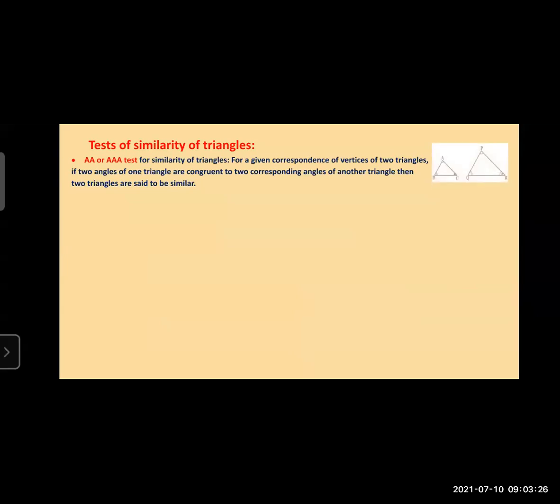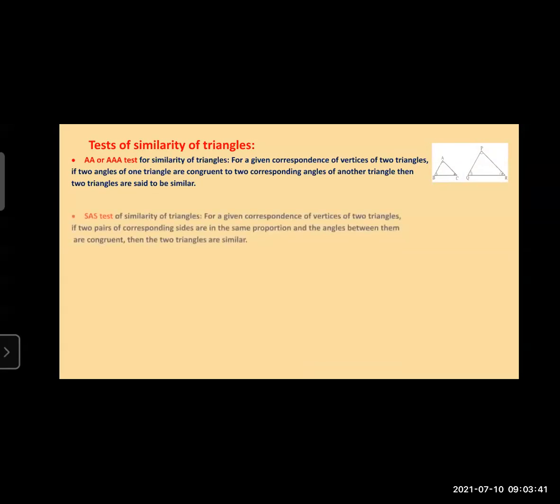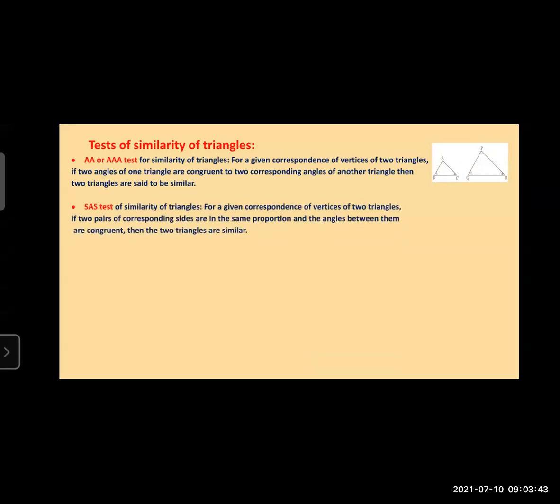Next, see, angle B is congruent to Q and C is congruent to R. So if these two angles are congruent, then we say that triangle ABC is similar to PQR by the AA test of similarity. Second one is the SAS test of similarity.